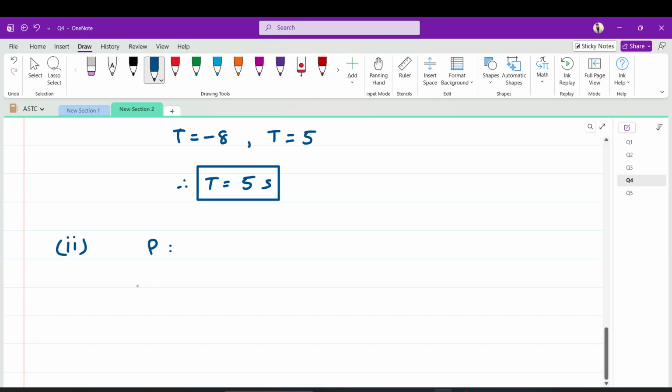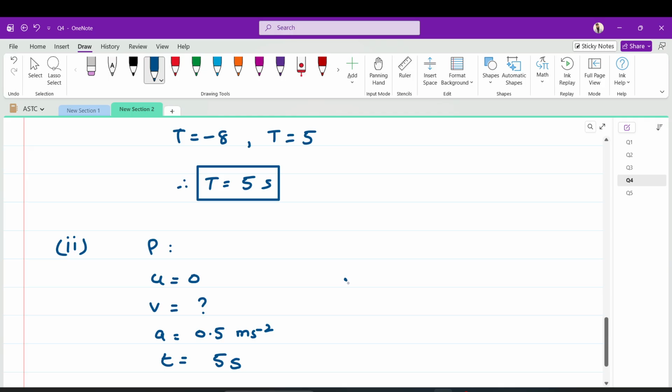Even if we don't know the distance, we know that u is equal to 0. V is what we need to find out. Acceleration was 0.5 meters per second square, and now I have time which was 5 seconds.